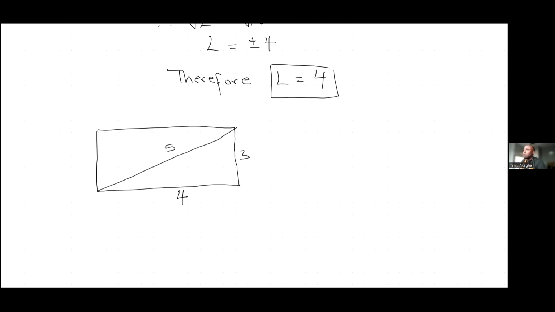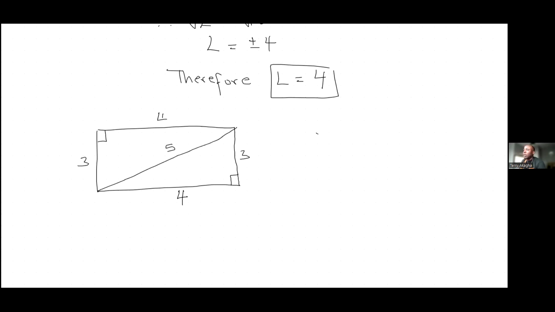Now, we know from this that the length, or we can put it this way. I forgot to put the right angle. So just to show you, if this is 3, this also is going to be 3, and this is going to be 4.